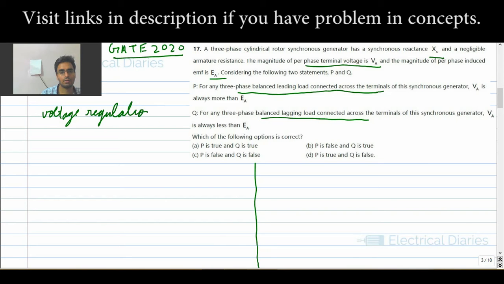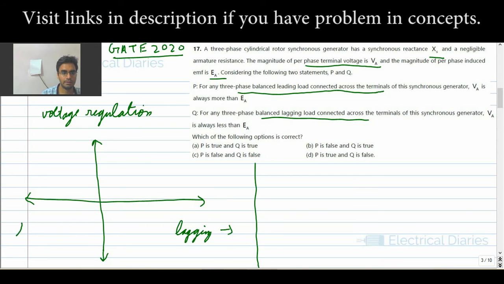So I hope you know the voltage regulation curve. This side it is lagging, and this side it is leading. And your voltage regulation is on this axis. So it is positive here and it is negative here.